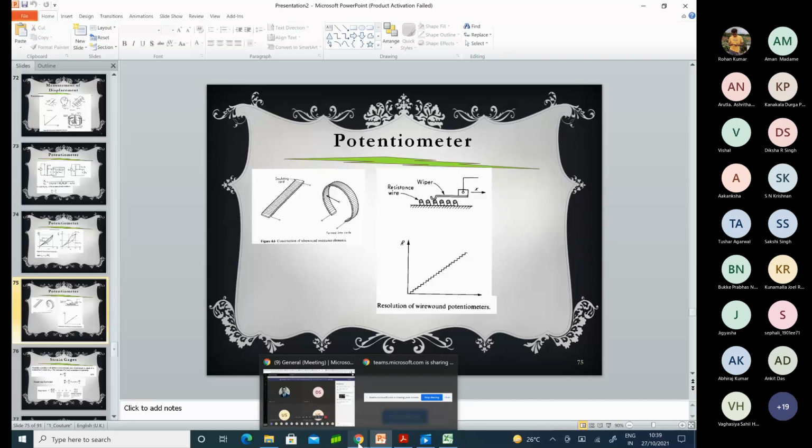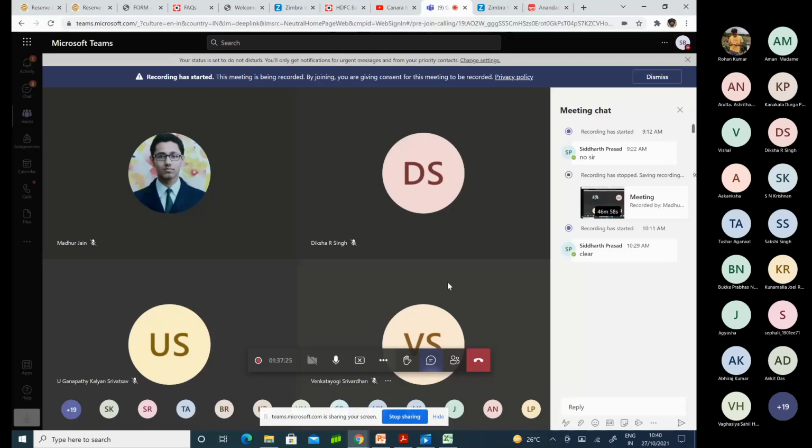Though you have some loading effect, and then the linearity can be affected, that is fine. But the instrument is zeroth order.